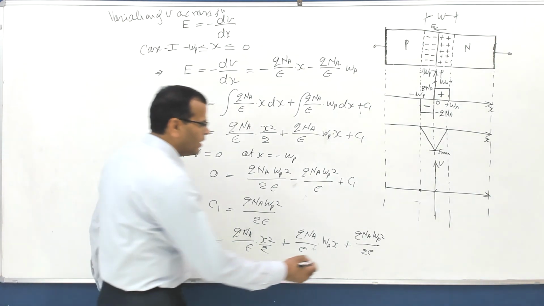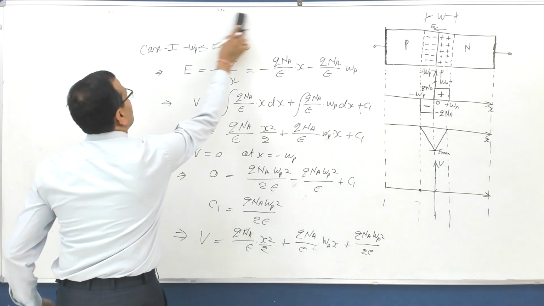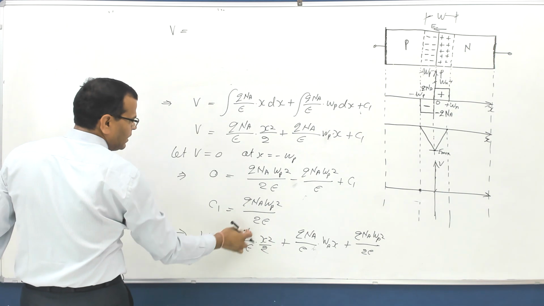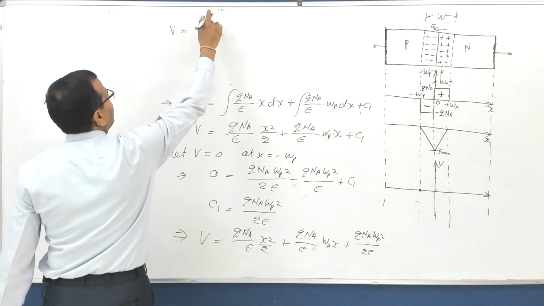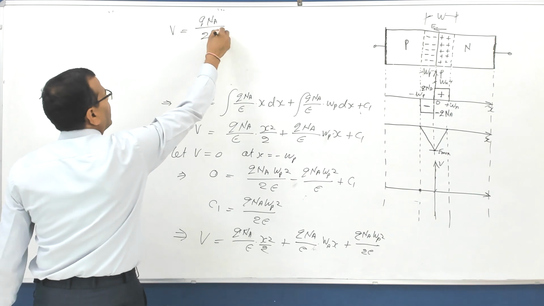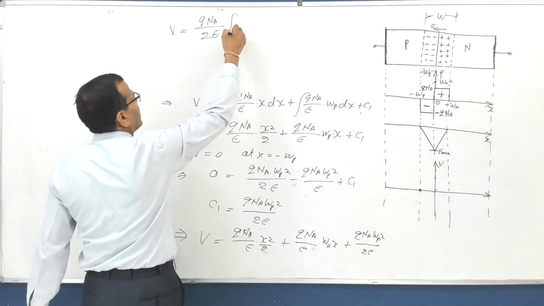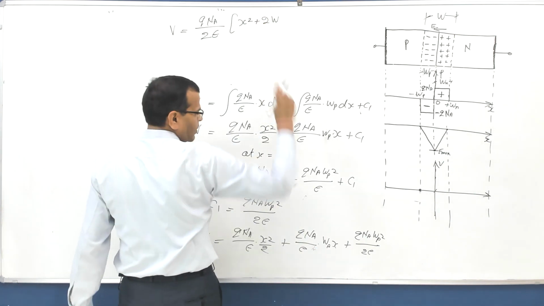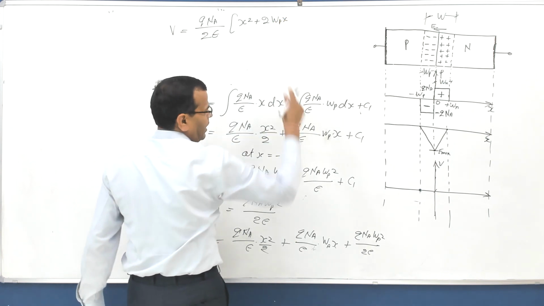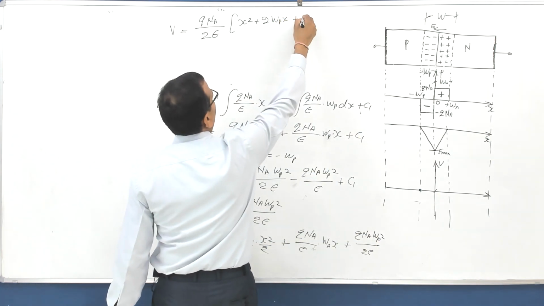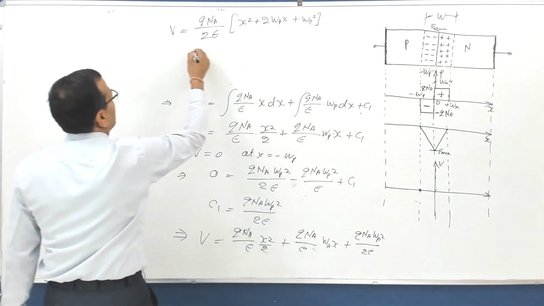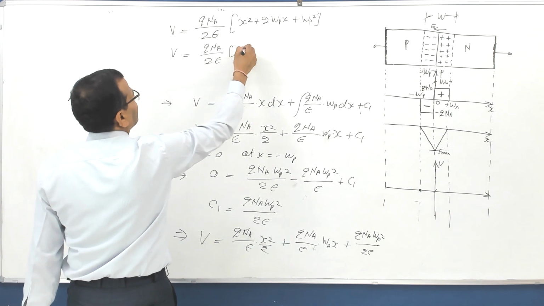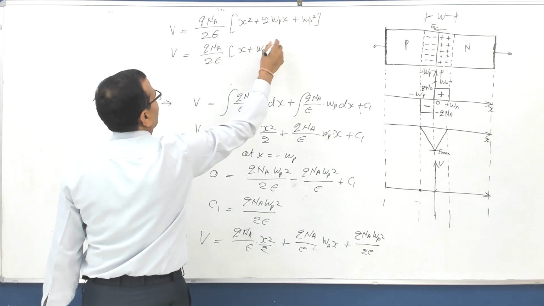You can take something common out of this complete expression, and that is V equal to q N_A by 2 epsilon as common. If you take it common, you will get x square plus 2 WP x plus WP square. And this is nothing but q N_A by 2 epsilon into (x plus WP) whole square.